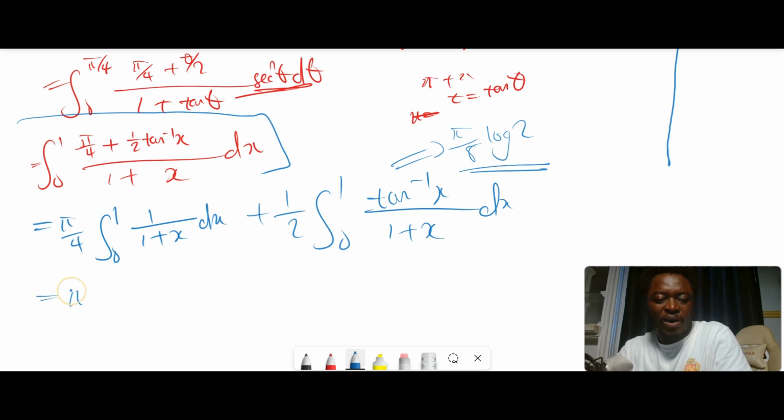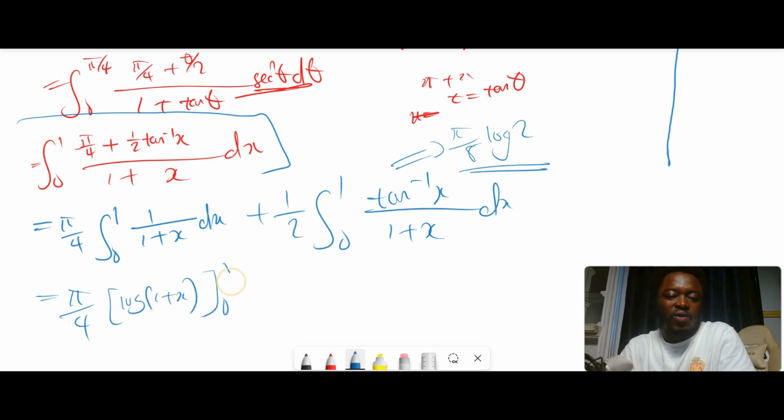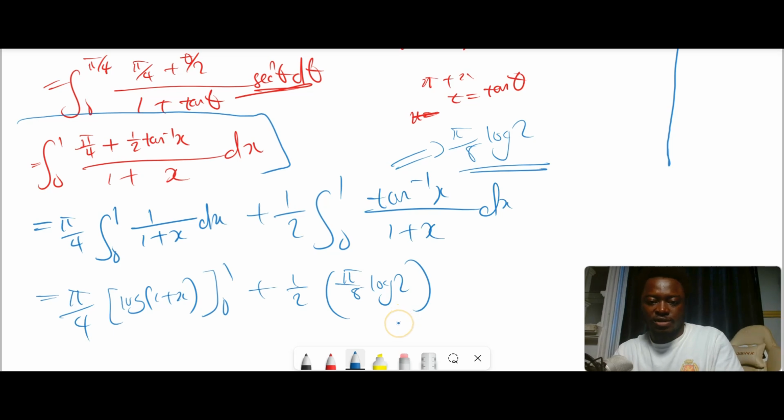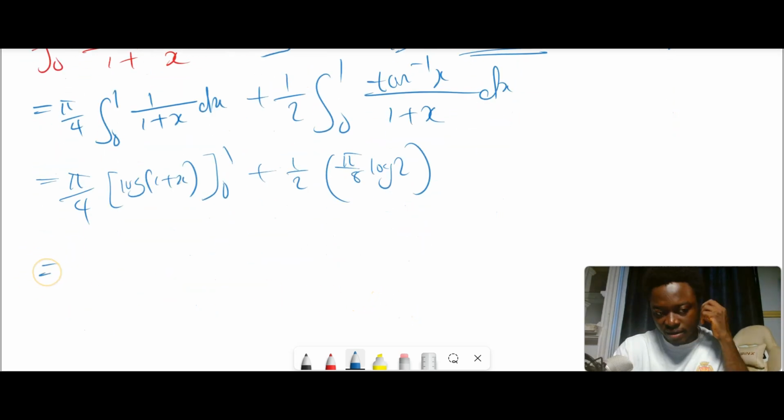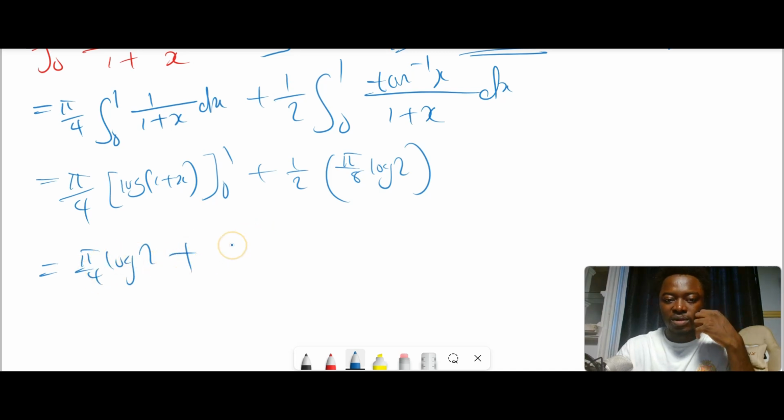So this will be pi over 4, then this will be logarithm of 1 plus x from 0 to 1, and this will be plus 1 over 2 times what? Pi over 8 log 2. Now, if you go further, you will have pi over 4 log 2 plus pi over 16 log 2.